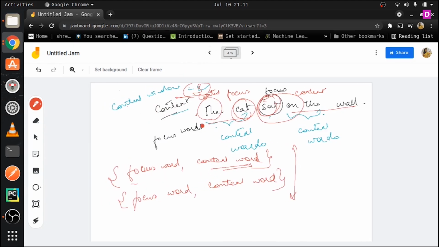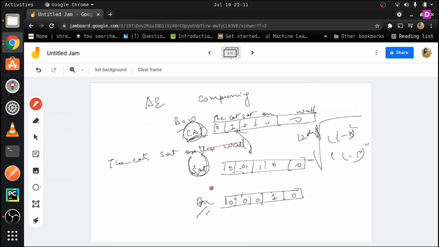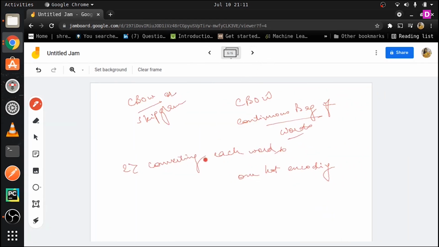So here, if you think about this, these are the different one hot encodings for cat, sat, on and so on. So we'll be having something like this. So let us write this again. The cat sat on the wall. Okay, so here first start with the. So what will be the one hot encoding in this case?